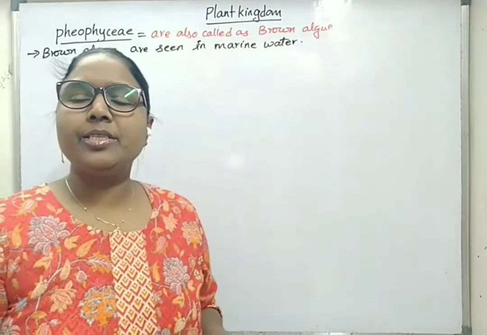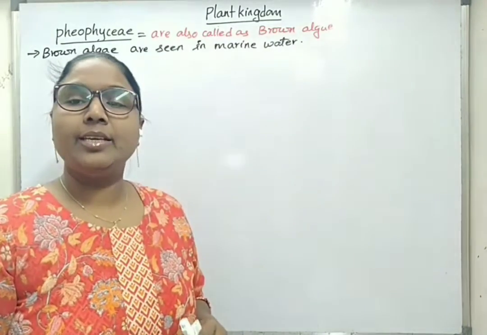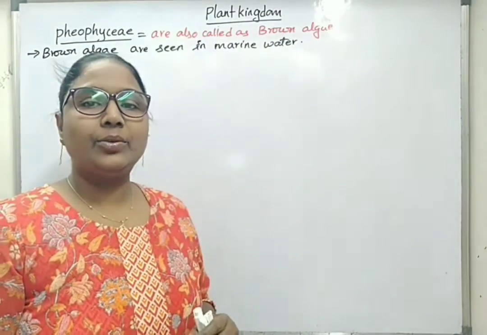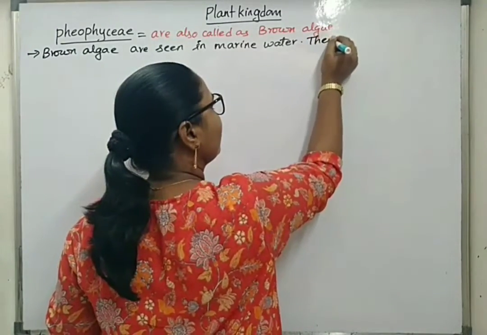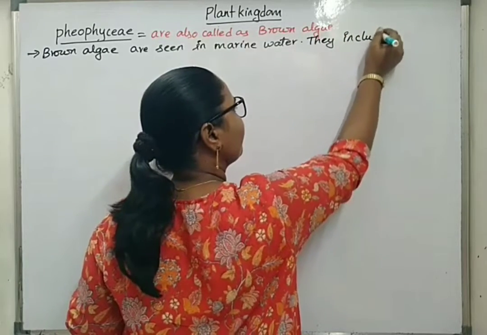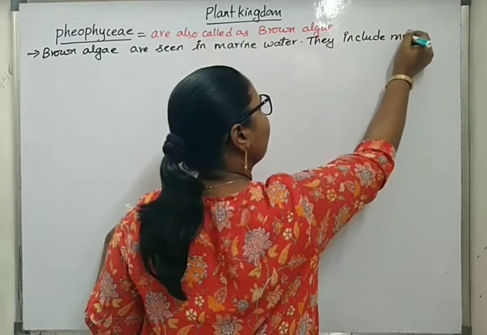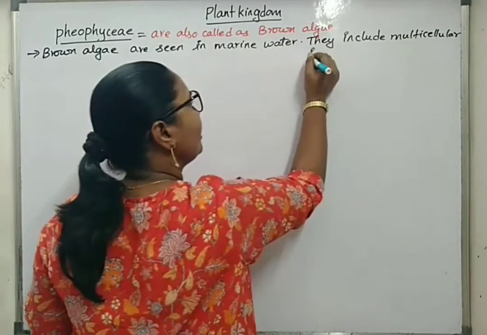In Chlorophycy members, we have seen there are unicellular forms, but in case of Phaeophycy, we see only multicellular filamentous forms. So Phaeophycy members include multicellular filamentous forms.